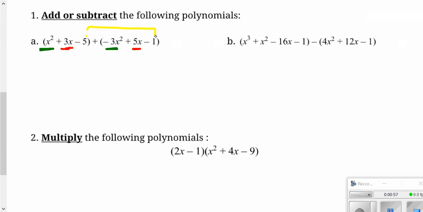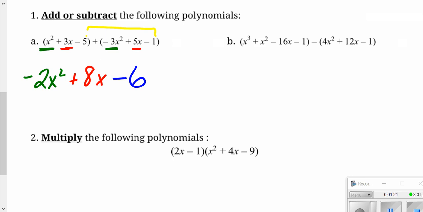And these are our constants, or plain numbers. So if I look at my x squared terms, 1 plus -3 is -2. 3 plus 5 is 8. And I keep the x. And then -5 minus 1 would be -6, or subtracting 6.